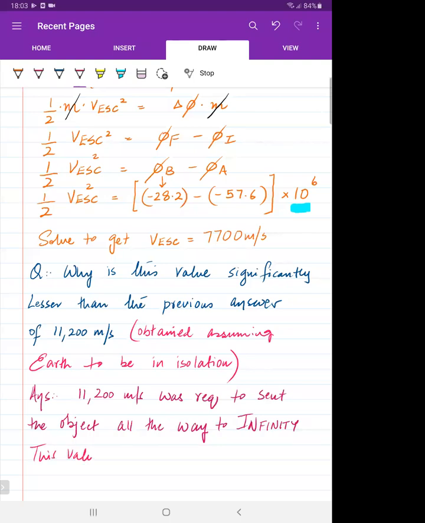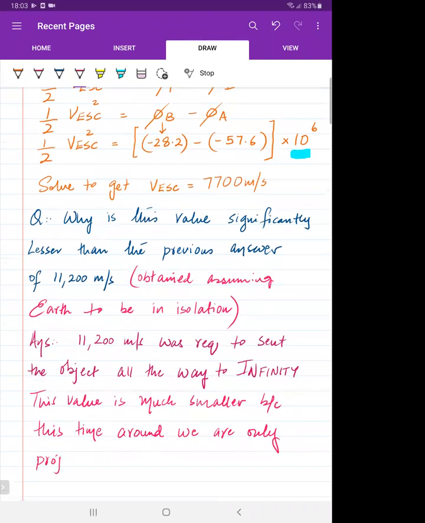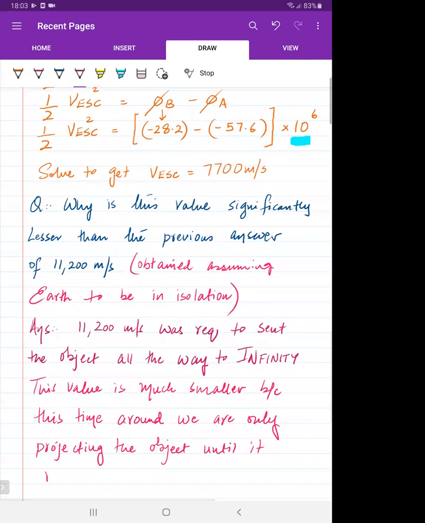This value is much smaller because this time around we are only projecting the object until it reaches the null point. हाँ जी, हुसैन ने सही लिखा हुआ है. Previously we took infinity. This time around we only took the idea of null point.